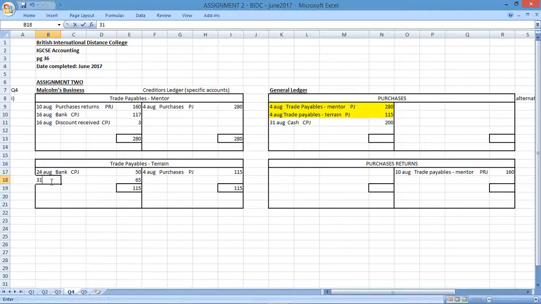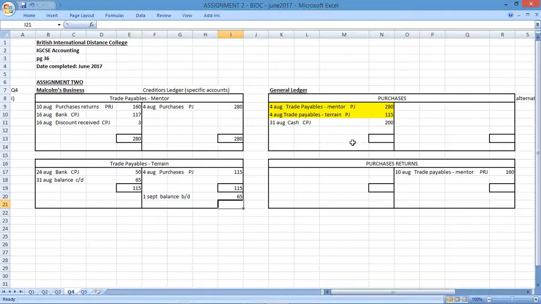August has 31 days. August, balance carried down. And then 1 September, balance brought down, and the balance brought down would be equal to that amount, 65. So that's the trade payables for Terrain.